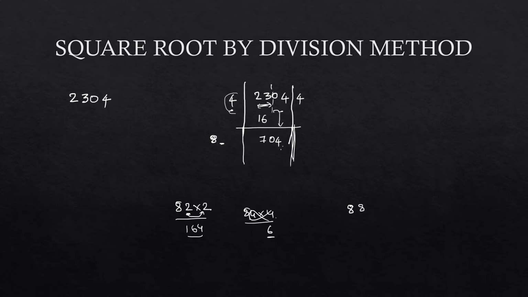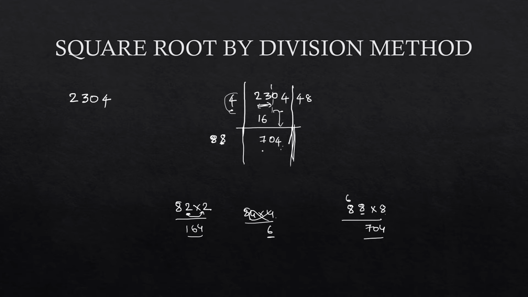See here, I am putting 8 here, so I should multiply with 8 itself. 8 8s are 64. Again 8 8s are 64 plus 6 is 70. Yes, I am getting 704. So I should make it 8 here, and 8 here also.